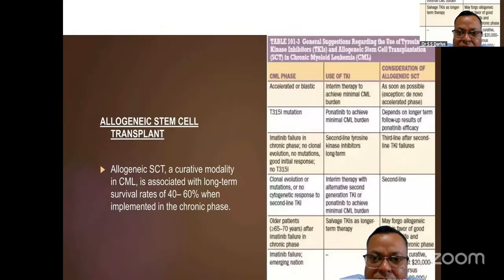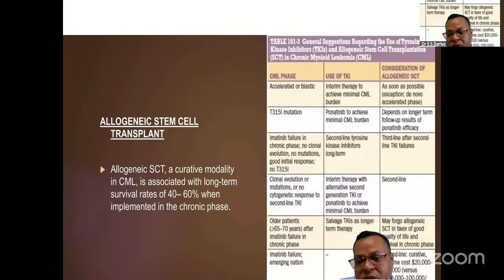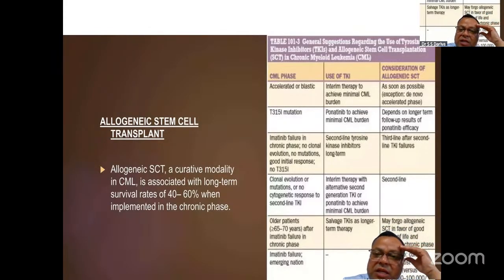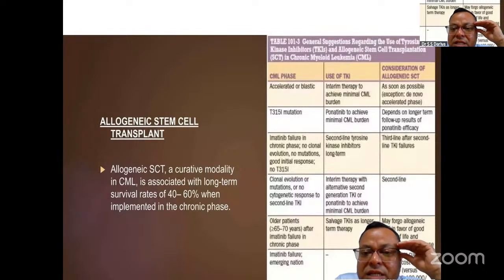So cure can be achieved by the transplant, we know. It is a curative modality which is associated with a long-term survival rate of 40 to 60% when implemented in the chronic phase. And here you can see, in CML, the use of TKI and the consideration of allogeneic stem cell transplantation. These are the general suggestions.